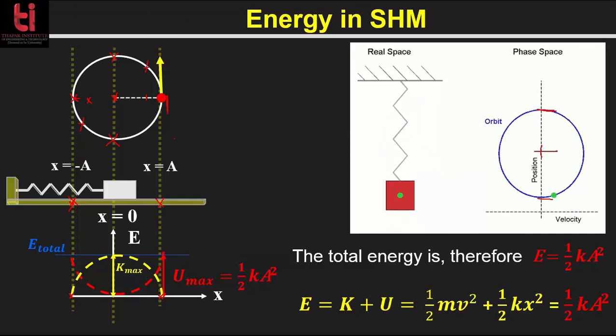So the displacement is maximum at these two points. Now you can see here that the velocity is 0 at these two points, and you get the maximum velocity at the equilibrium position, that is when x is equal to 0, when there is no displacement, and that is the resting position of the spring.